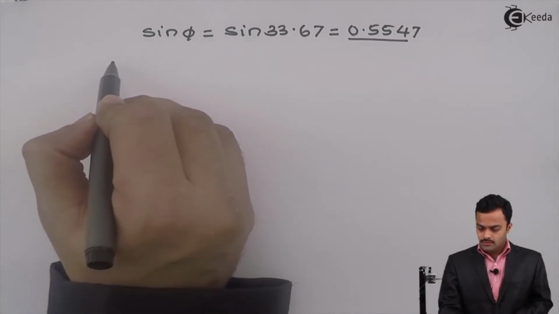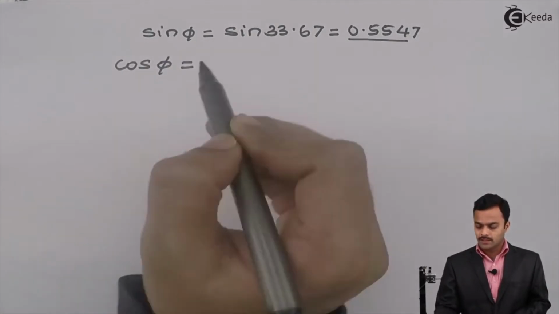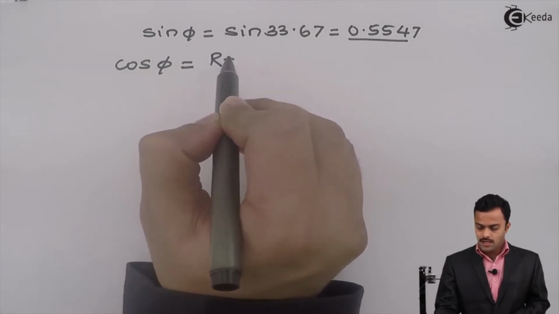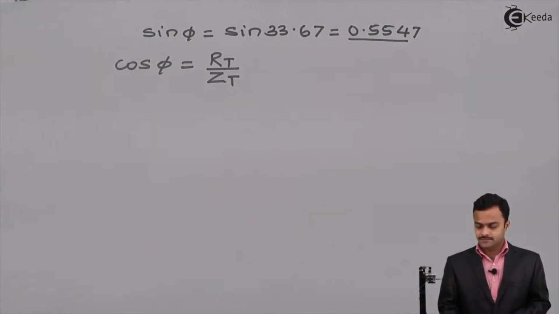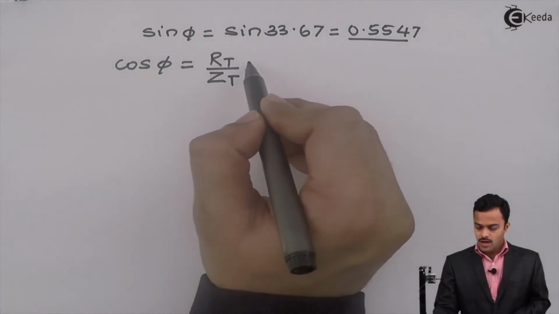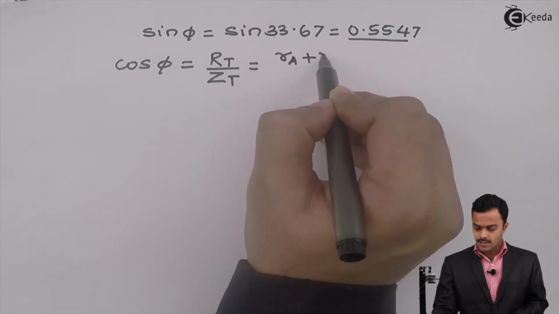Now how we are going to use this phi, sin phi and cos phi? We know cos phi is nothing but RT upon ZT for this circuit. It's a power factor. So RT is nothing but RA plus RB.